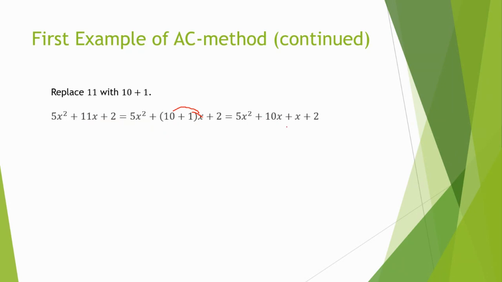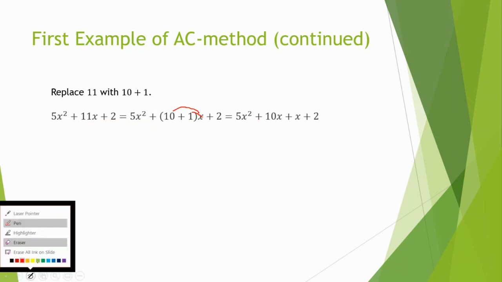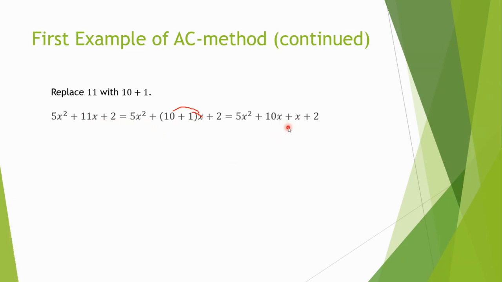As you can see, we have 10x plus 1 times x, but 1 times x is just x. So now you can see we have a polynomial that has 4 terms. So now we're ready to use factor by grouping.